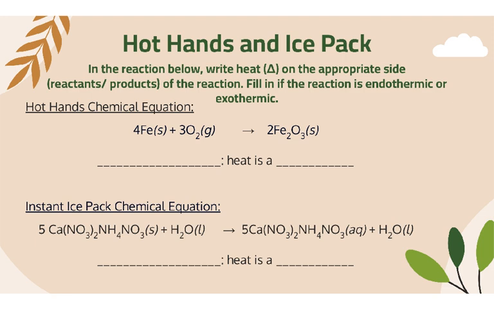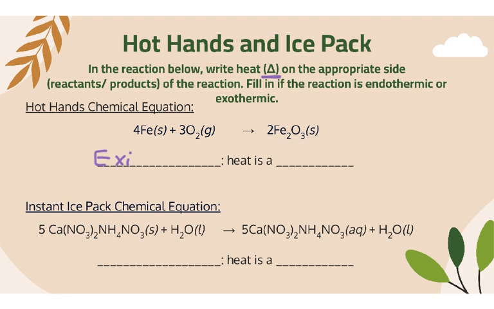So that hot hands chemical equation, in the reaction below, we're going to write our heat, our delta symbol, that triangle, on the appropriate side, whether it's a reactant or a product, and then we're going to fill in if the reaction is endothermic or exothermic. So that hot hands chemical equation, it felt hot, which meant that heat was exiting the system.